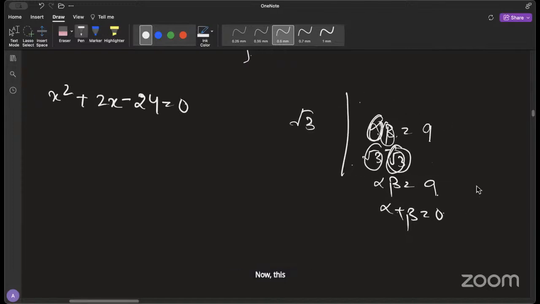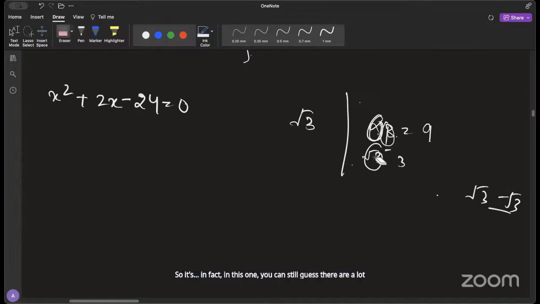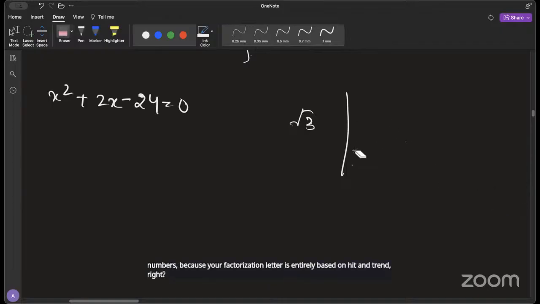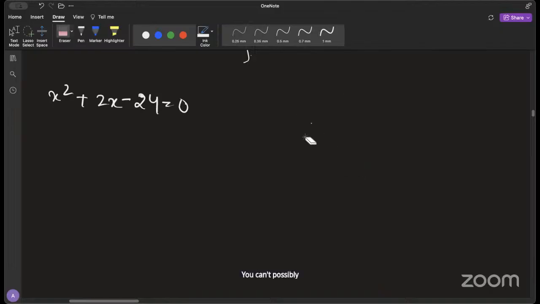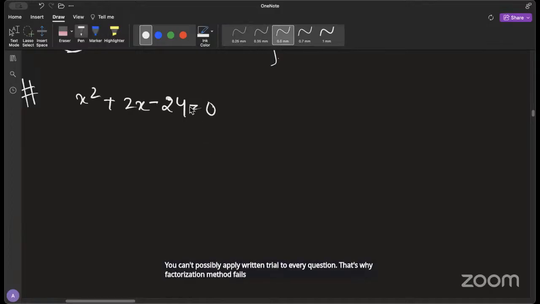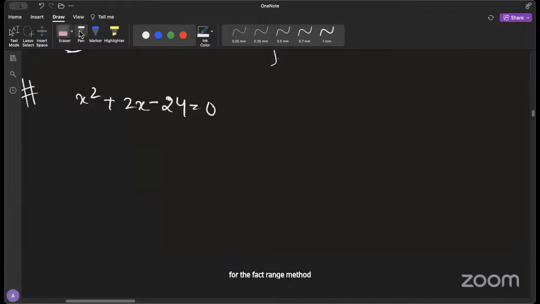Your factorization method is entirely based on hit and trial, and you can't possibly apply hit and trial to every question. That's why the factorization method fails at a lot of complicated quadratic equations, although it will work for this particular question.